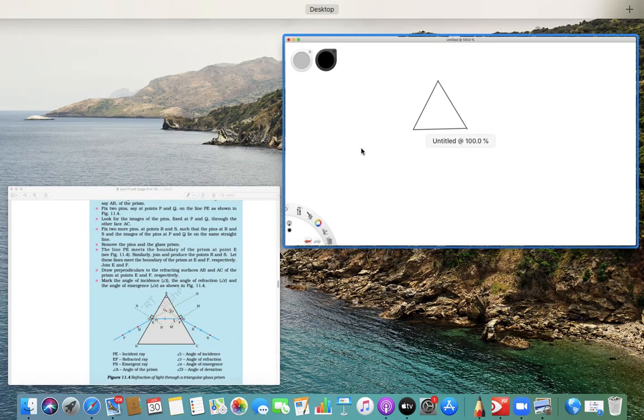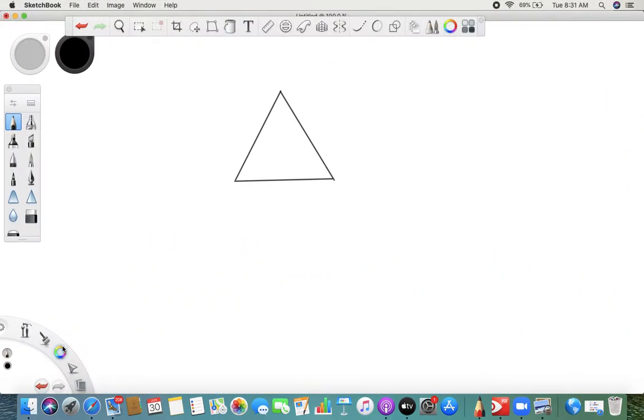Let me draw. Okay, now this is your prism, and we name it as ABC. Now this is quite an interesting phenomenon. This will also tell you how refraction works so much better.